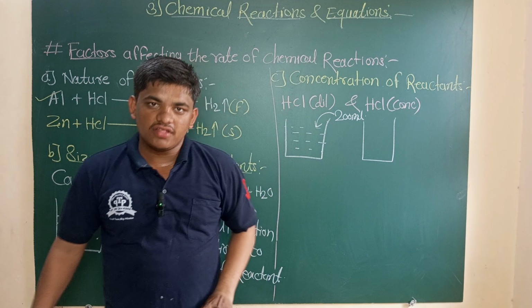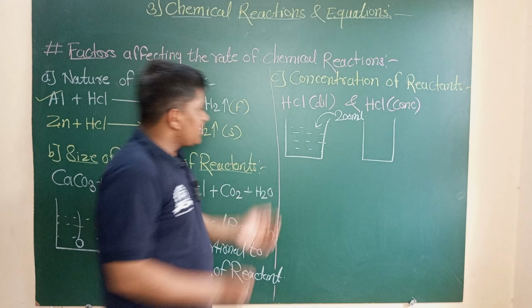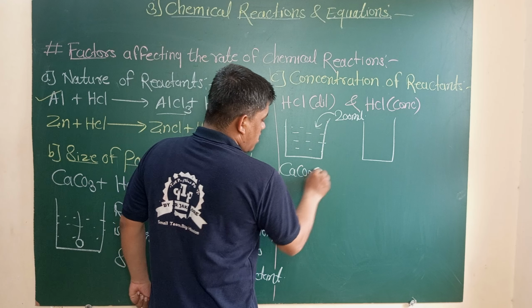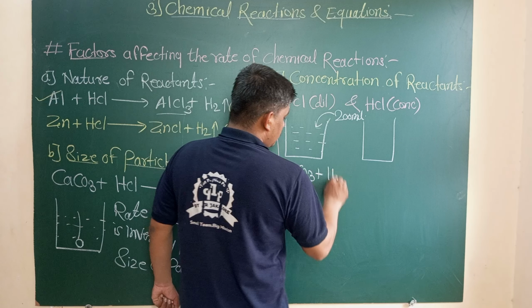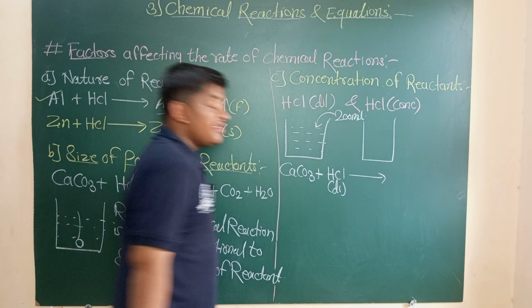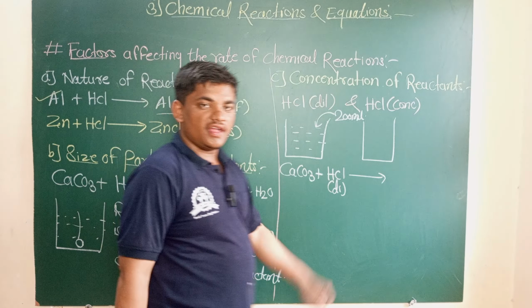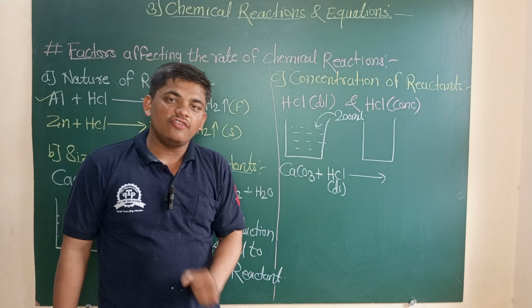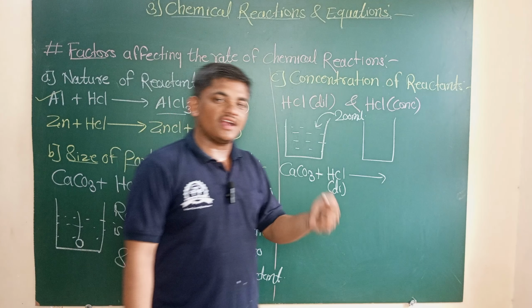Both of these react with the calcium carbonate. The calcium carbonate crystal reacting with the dilute HCl takes more time to complete the reaction, because the HCl reactant is dilute.